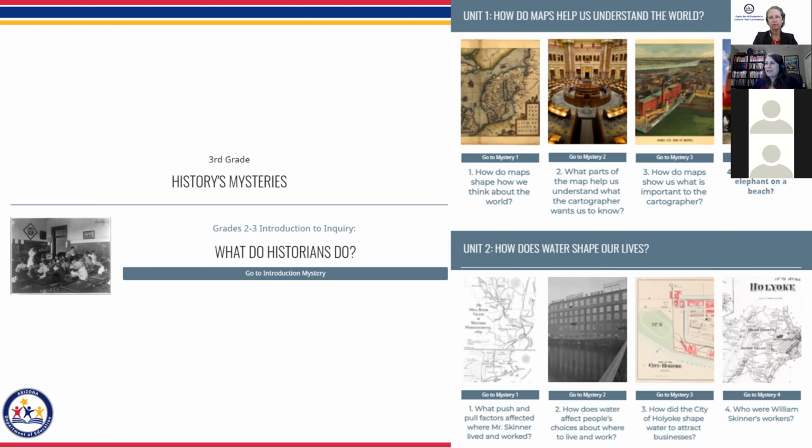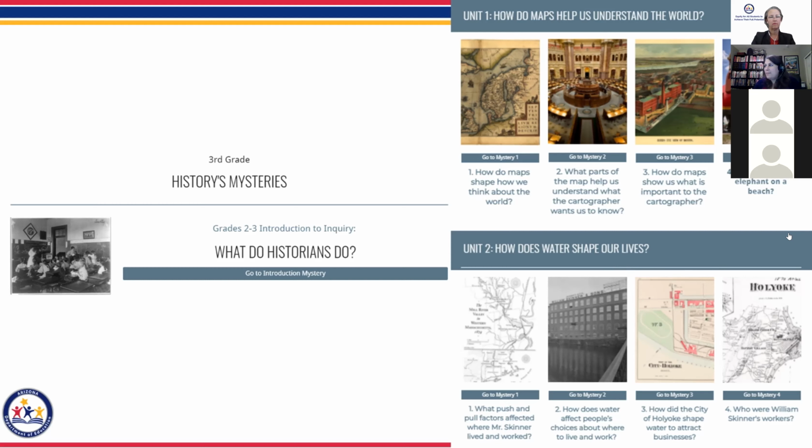So there's a lot of these History's Mysteries, and they have them for grades kindergarten all the way through grade 5, and they add to them consistently. And these are really great sources, and they're mysteries. So you could do the first mystery, how do maps shape how we think about the world? And that might be part of a class lesson.